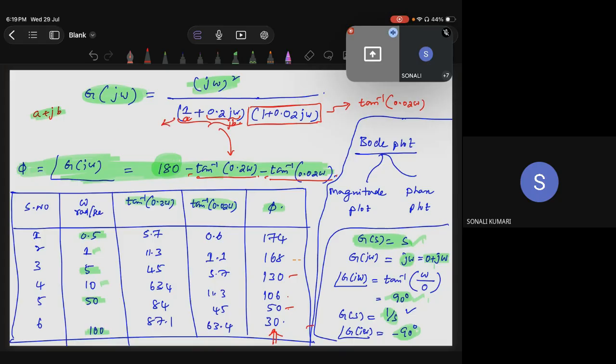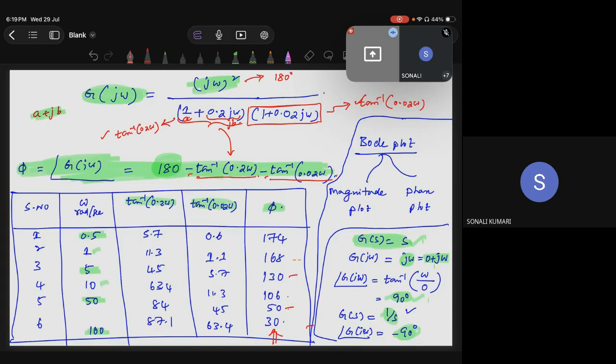This angle is tan inverse 0.2 omega. Correct. This angle is 180. Am I correct? Yes, sir. Okay. The zeros in the numerator are offering 180 degrees. The poles are offering this angle as well as this angle. Now cumulatively, these denominator angles go up. They become negative.